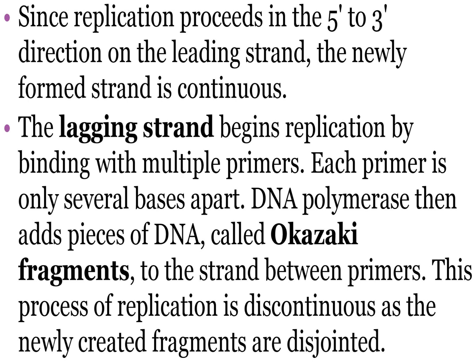Since DNA replication proceeds in the 5 prime to 3 prime direction, in the leading strand the newly formed strand is continuous. But in the lagging strand, the DNA replication is by binding with multiple primers.